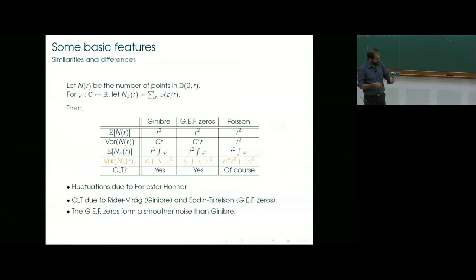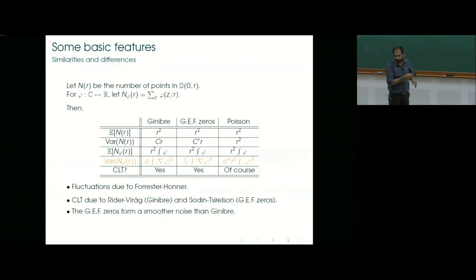In the case of counting points, a huge difference can be caused by a point inside the disk of radius r going out. It used to contribute 1, now it contributes 0. But now that you have a smooth function, when a point moves a little, the change in the contribution is very small. And in fact, the total variance is quite small: it's just the L2 norm squared of the gradient. But it's even more strange when you look at the Gaussian entire function zeros, where the variance actually goes down to 0.